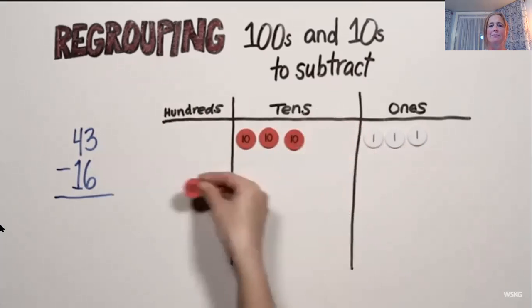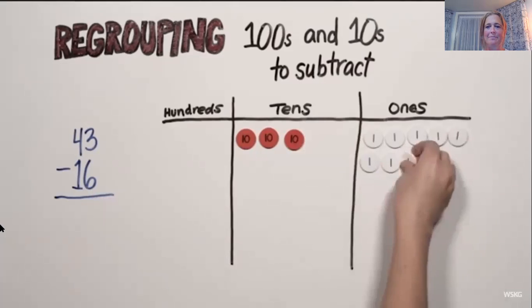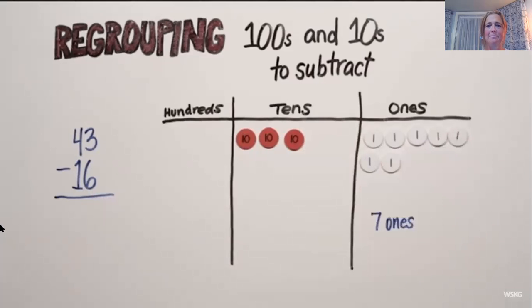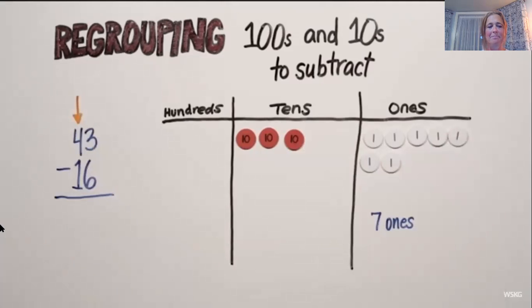She will trade 1 ten for 10 ones. Now she can take away 6 ones. There are 7 ones left. Next, subtract tens from tens. 3 tens take away 1 ten is 2 tens. 2 tens and 7 ones is another way to say 27.